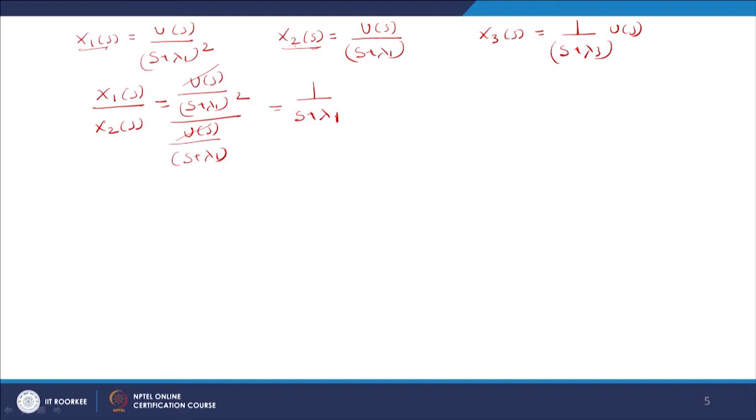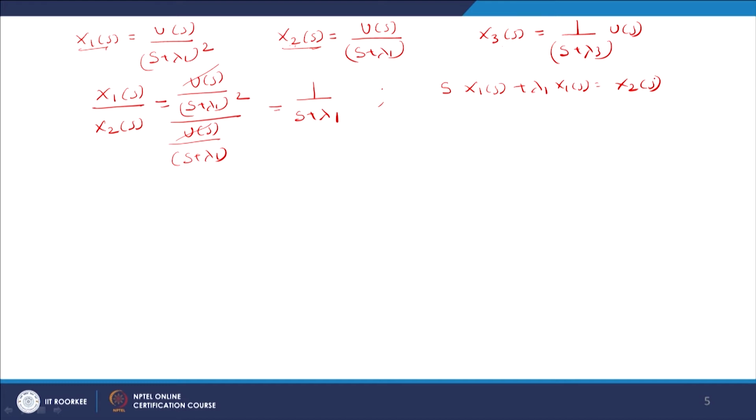Now, we can do some cross multiplication. So, what we will get? After cross multiplication, we get s x1 of s plus lambda 1 into x1 of s equal to x2 of s. Now, here we apply inverse Laplace transform.